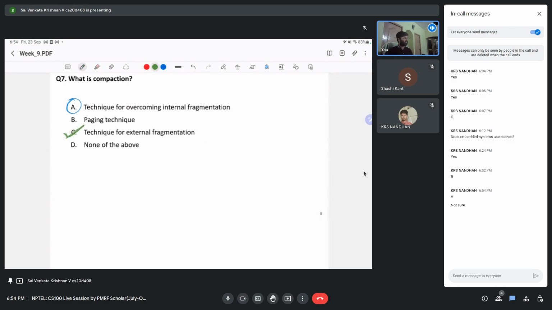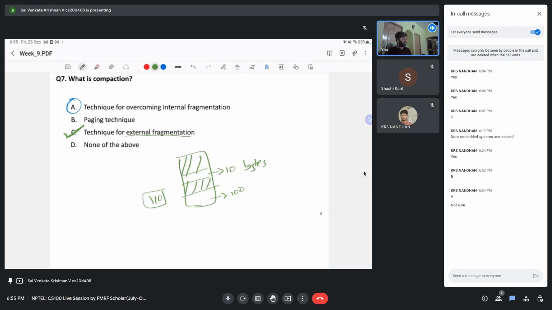Compaction is used to overcome external fragmentation. You know what external fragmentation is, we saw it in the previous question. Same scenario: there are 10 bytes free and 100 bytes free, and you are requesting 110 bytes.